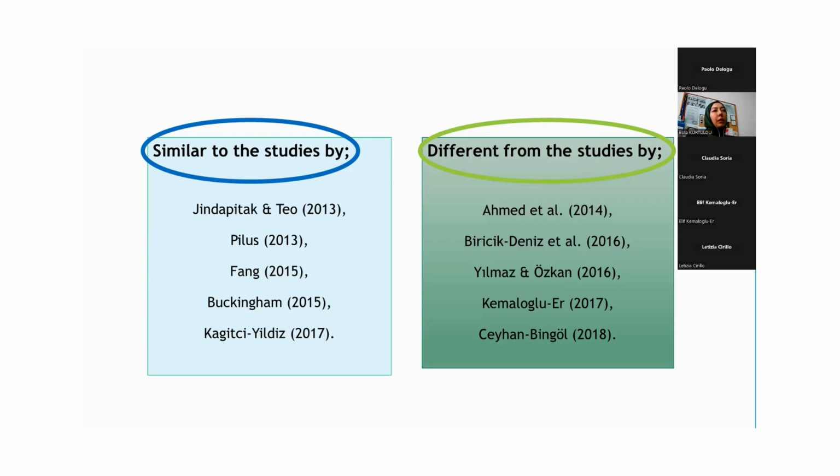My study was similar to these studies because my participants also tended to express somehow their priority for native speaker forms sometimes, and sometimes they enjoyed their local Turkish English accent, and they also recognized the importance of other varieties, but they said that we are not familiar with this accent.